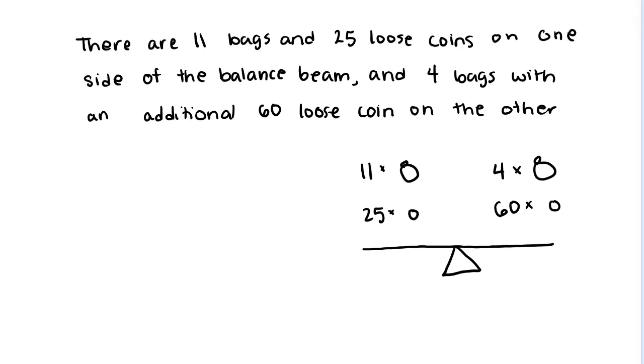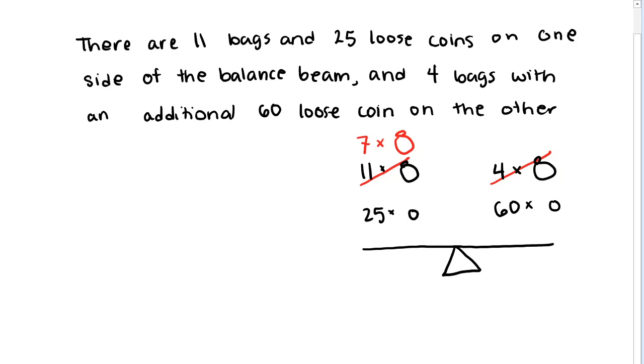So if we do the same thing, we take away the same amount of weight from both sides. Well, there are 4 bags in common on both sides of this balance beam that I can lift off and feel confident that my beam will still be balanced. So I'm going to take away 4 sets of bags from the right. And if I take away 4 sets of bags from the left, I'm left with 7 sets of bags.